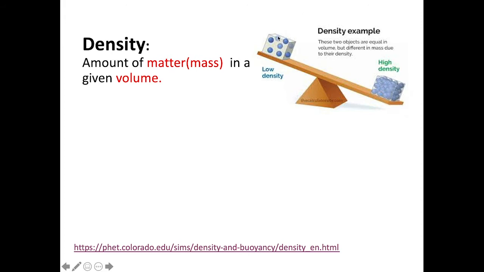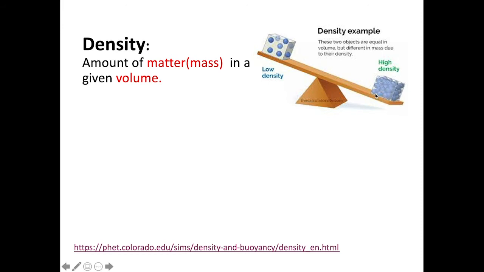So this is a great example right here. These objects are the same size. They may even be made out of different materials, but they appear to be the same size. Okay, so their volume is the same, but their mass is different, and that is due to density.